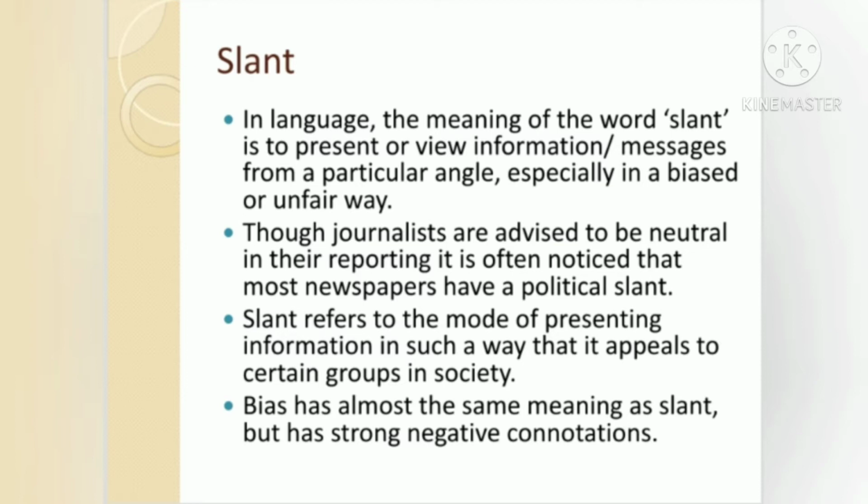The next point. Bias has almost the same meaning as slant but has strong negative connotations. So, bias and slant are basically the same, but still, bias has a strong negative connotation.